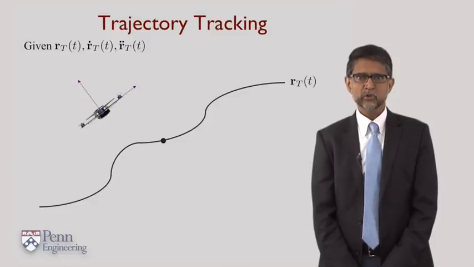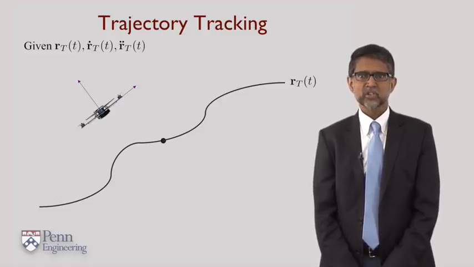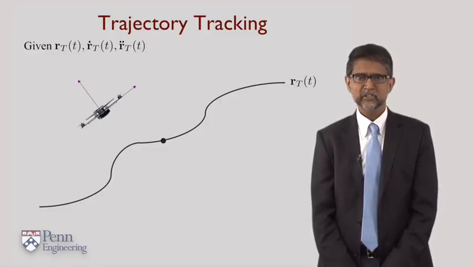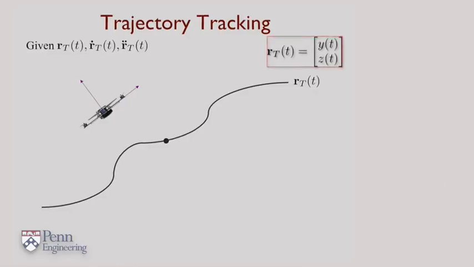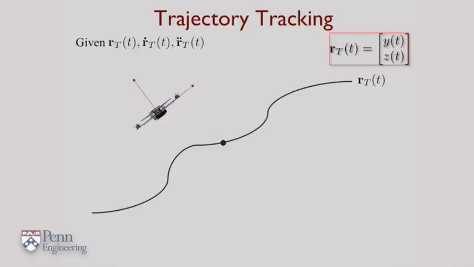Imagine a planar quadrotor trying to follow a specified trajectory r sub t. R sub t denotes a position vector. The fact that it's changing in time is denoted by the function r sub t as a function of t on the top right. Of course, this means that y and z are both changing as functions of time.